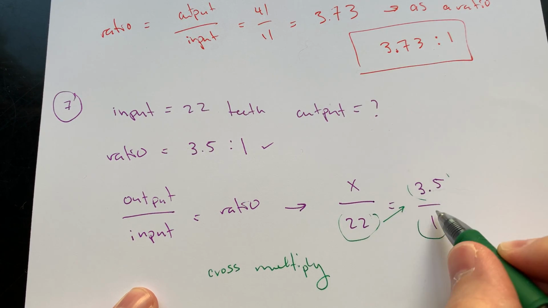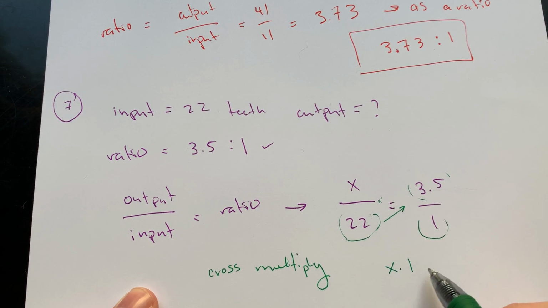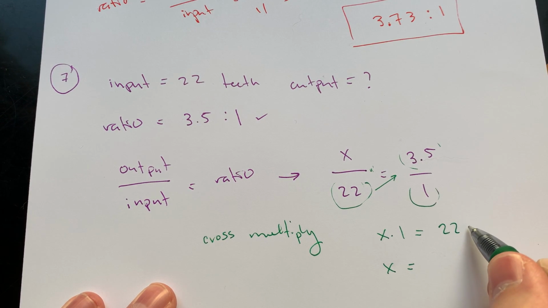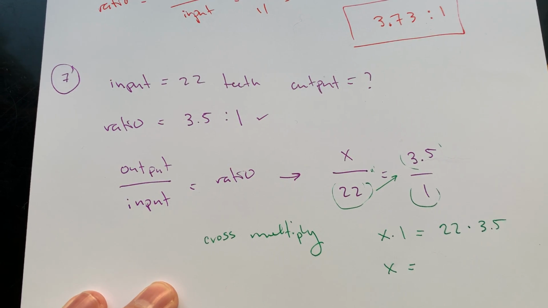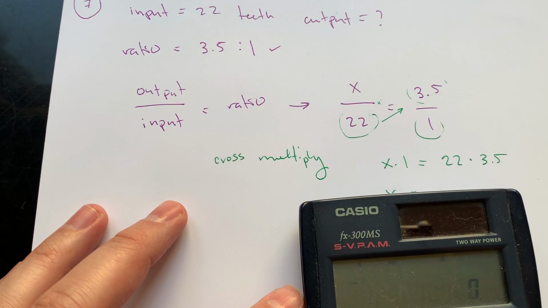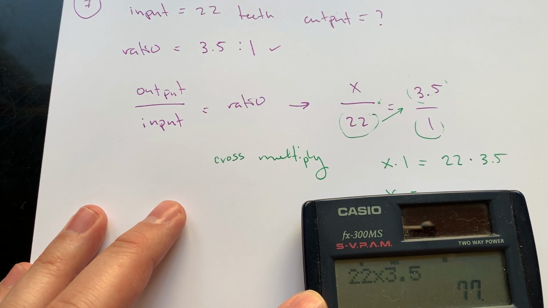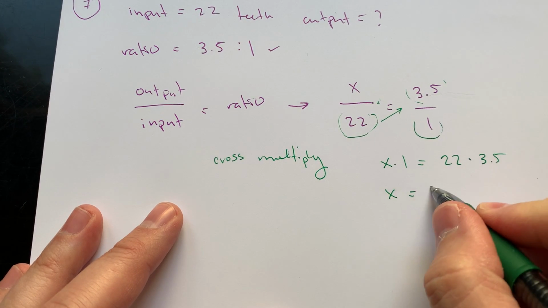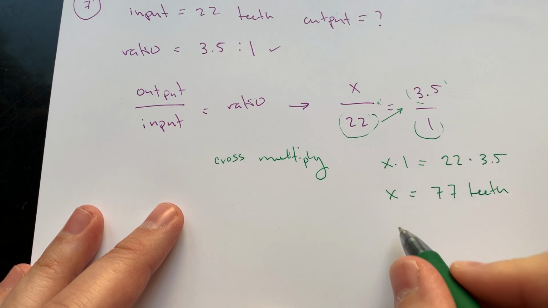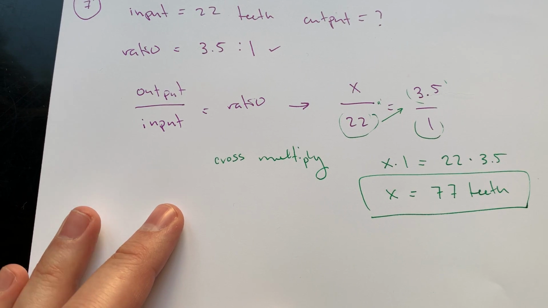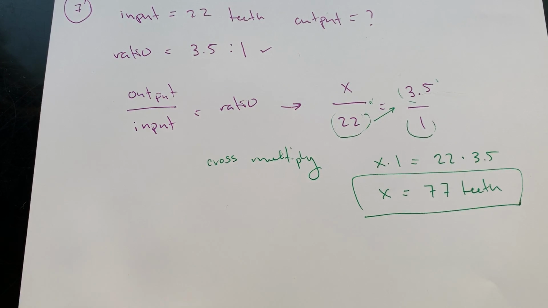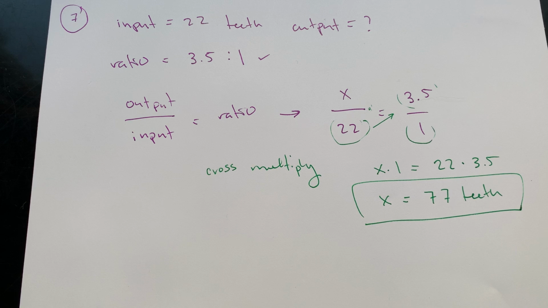X times 1, which is just X, should equal 22 times 3.5, which is 77. So 77 teeth on the output. Simple as that. All I need to do is set this ratio up, do a quick calculation, and be good to go.